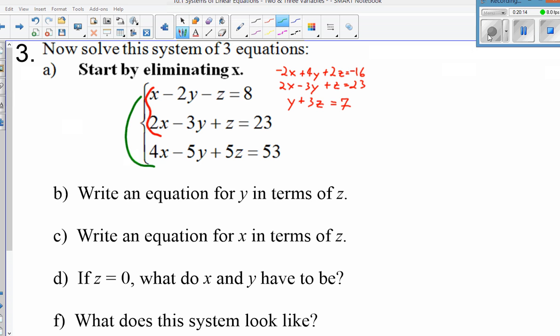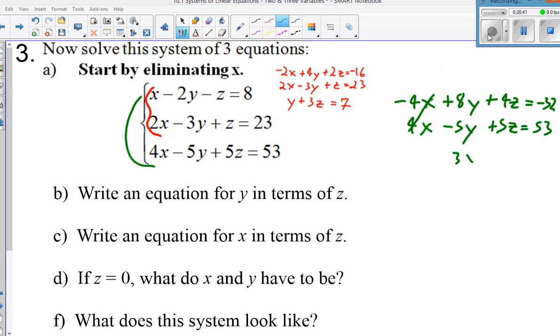So I'm going to have negative 4x plus 8y plus 4z equals negative 32. And then the third equation, 4x minus 5y plus 5z equals 53. So my x's are going to eliminate, and I'm going to get 3y plus 9z equals 21.